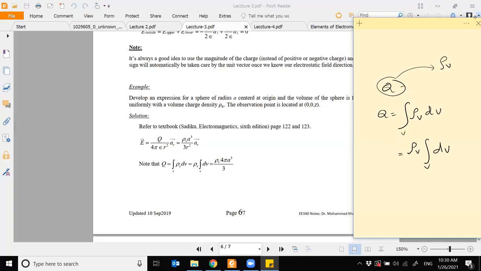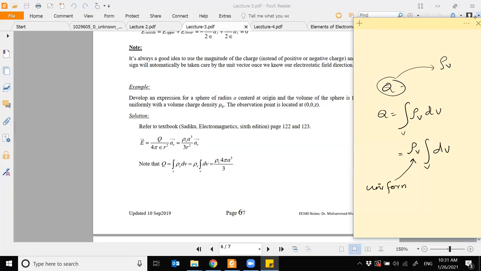So when can I take the volume charge density outside the integral? In our line charge and surface charge derivations, we always take our charge density outside the integration without any hesitation. The reason? Uniformly distributed. Exactly.